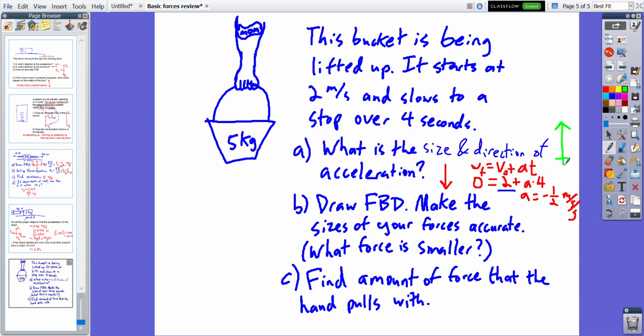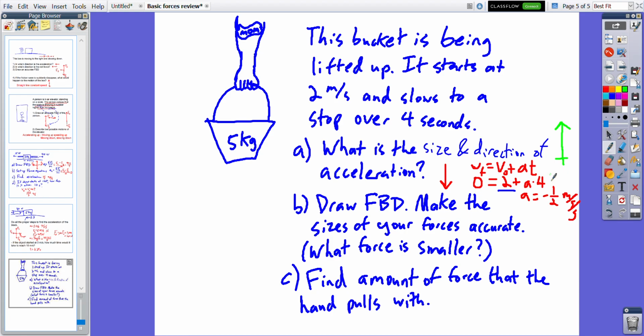But implied by my choice of positive 2 here is that I made up positive, because I called this positive 2 up. So up is positive. And so what does this negative mean? That negative just means down, which is the same thing I got here, okay?